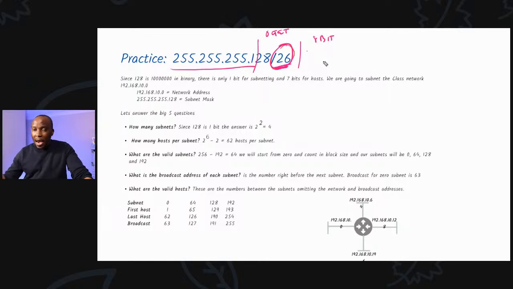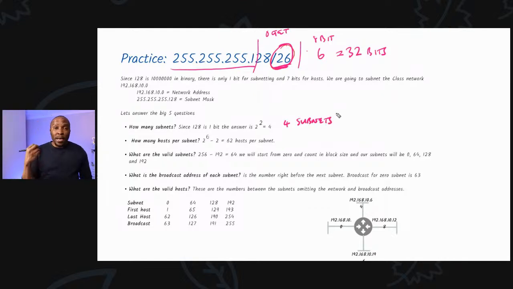And the unborrowed bits become 6, which means 26 plus 6 gives us 32 because our IP address is always 32 bits. So that is very important, crucial to be able to understand. So now let's go through our 5 steps. The first one, 2 to the power 2 is equal to 4. So this will have 4 subnets.